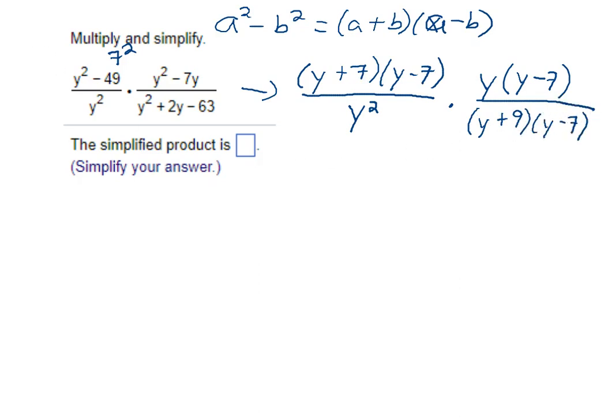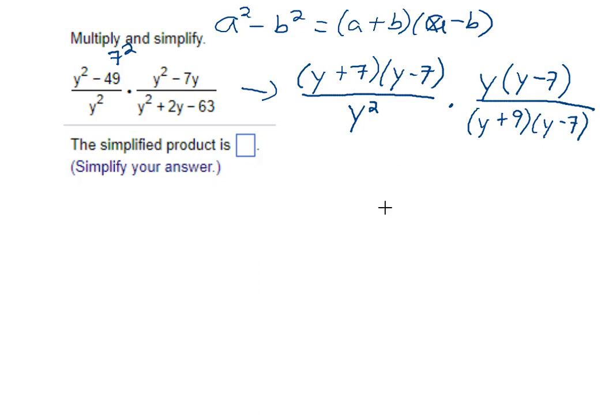All right, so that's the first step. Factor everything. Then we can cancel out common factors. The only stipulation here is that one of them has to be on the top of a fraction, the other one has to be on the bottom of a fraction. It doesn't have to be the same fraction.